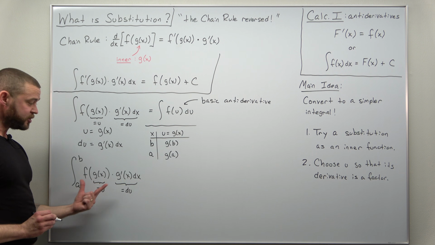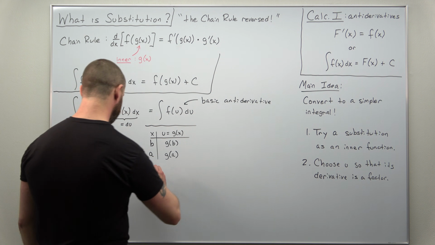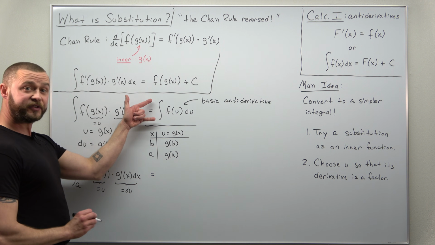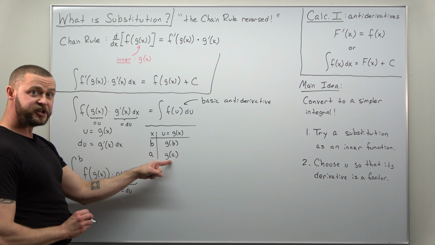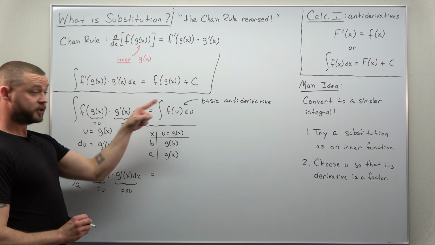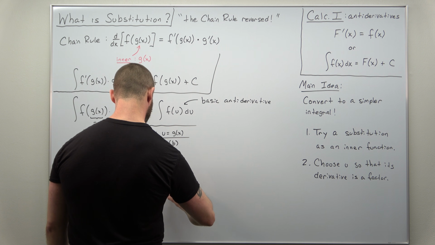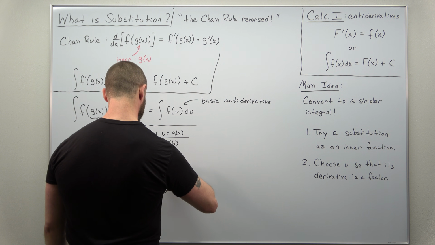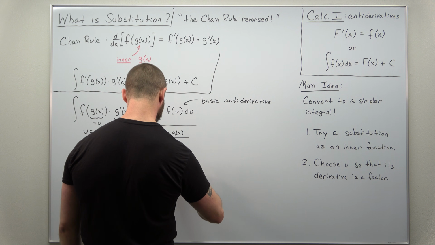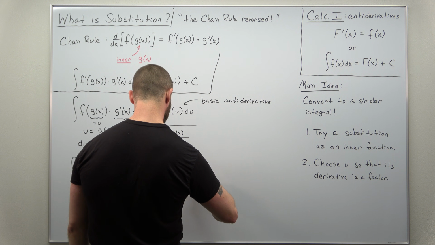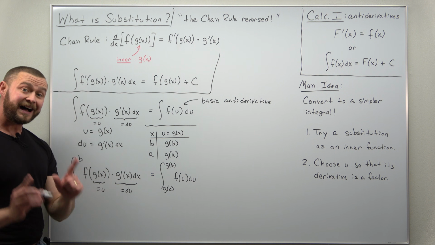We convert the function, we convert the differential, but now we're converting the limits. So what this would look like, pretty much the same as above, we just have new limits, g of a to g of b. And we're still integrating f of u du. And that's how we use substitution with a definite integral.